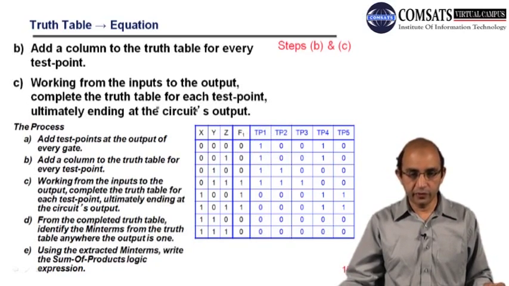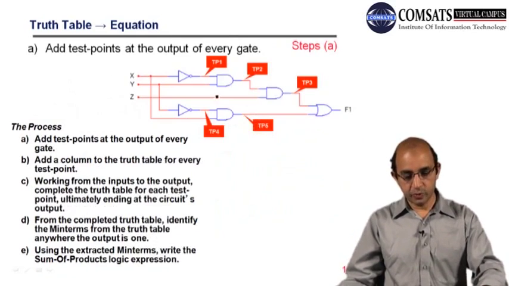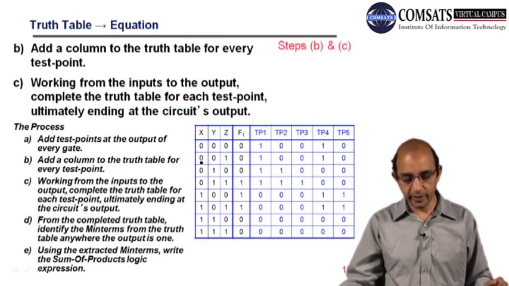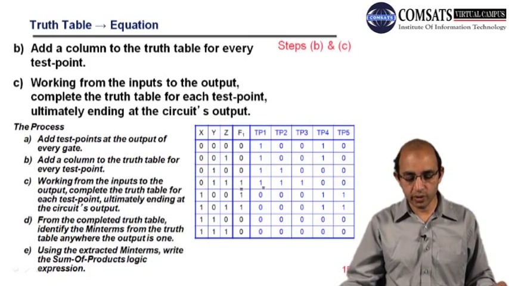Whenever we move from input to the output, we have to fill the truth table. If you go back, at test point 1 we will be having the complement of X, so we will be only complementing X. You can see 0, 1, 0, 1, 0, 1, 1, 0.